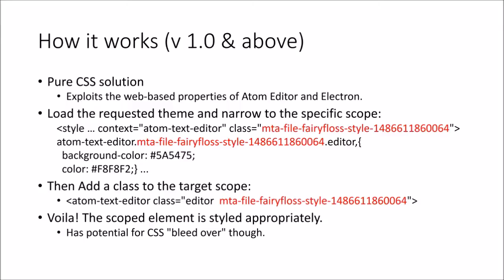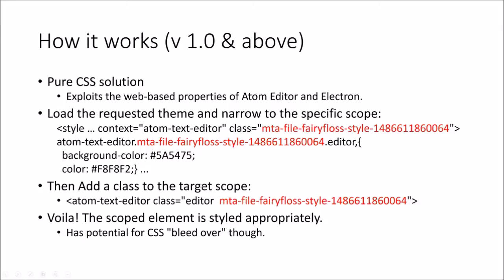So it uses cascading style sheets to style everything, and it is a pure CSS solution. At one point I thought they were doing something special, but if you can do anything with CSS in a web page, you can do it with Atom.